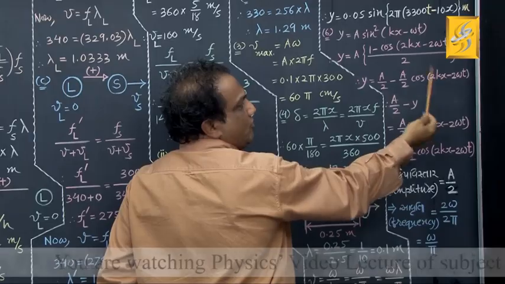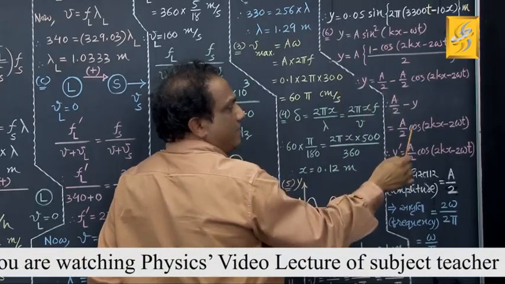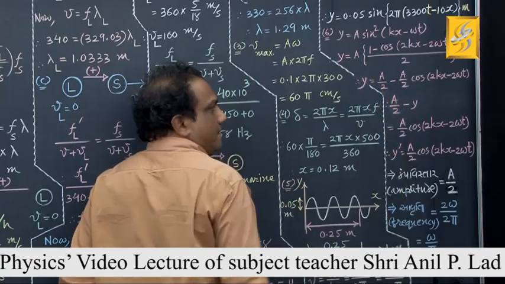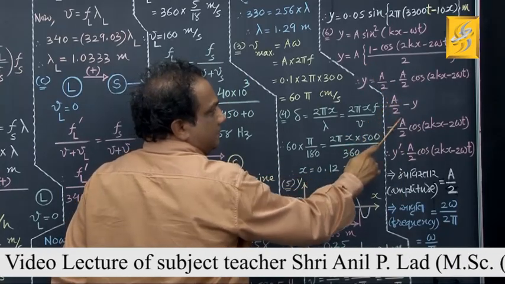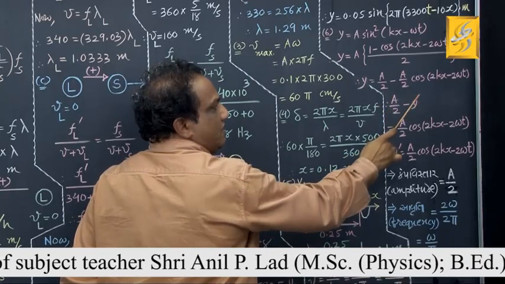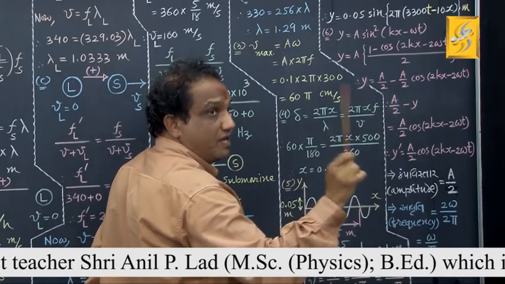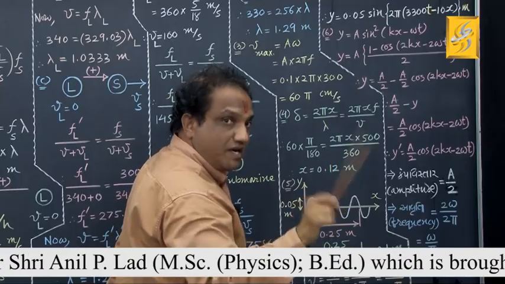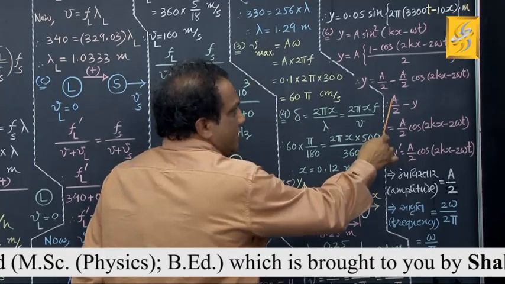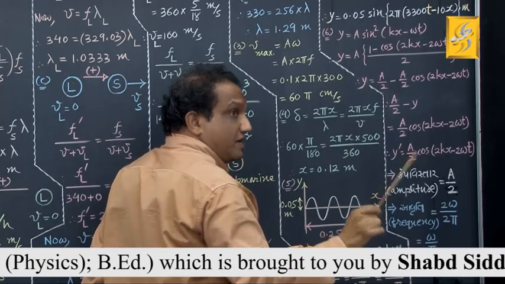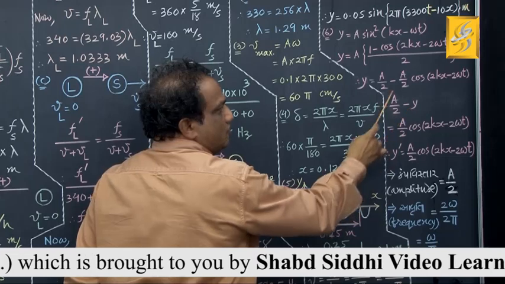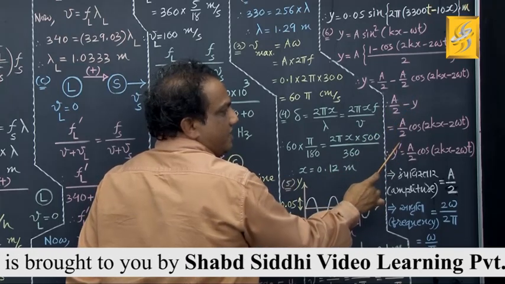And this part, when you take it on the left side from minus, it will become plus a by 2 cos of (2 kx minus 2 omega t). Now this is the constant part and this y is displacement. From this constant part, if you subtract the variable value of displacement, at each moment you will get the variable value of a new displacement. So this a by 2 minus y indicates the new displacement, let it be shown by the symbol y dash. So in place of a by 2 minus y, I am writing y dash.